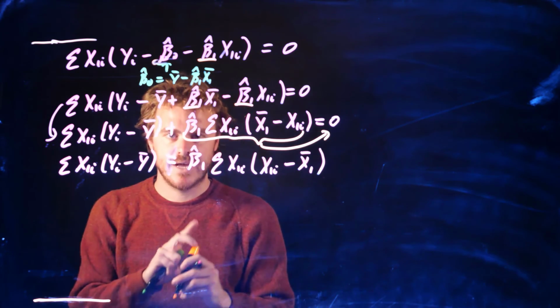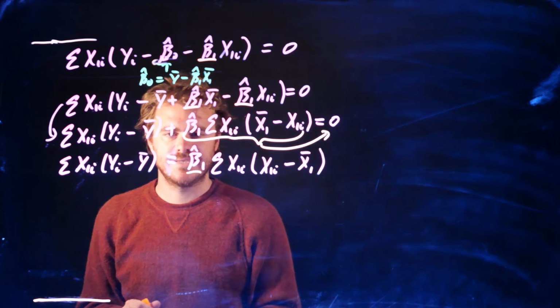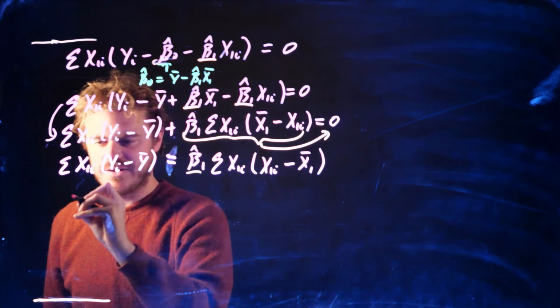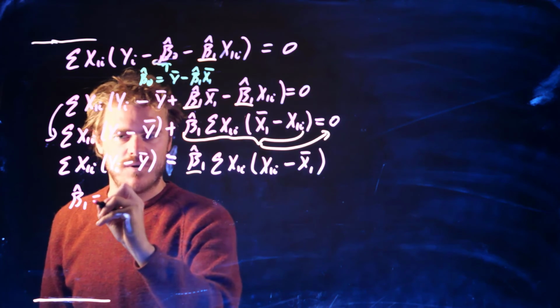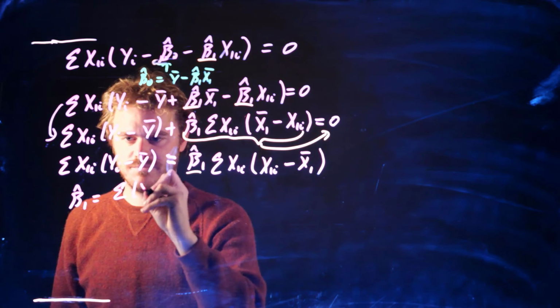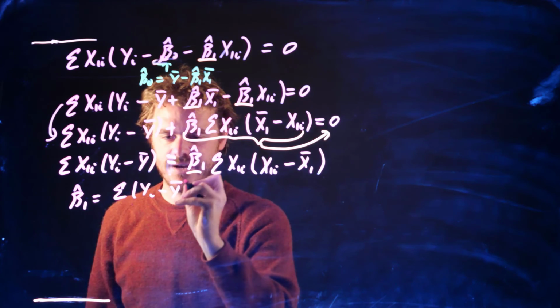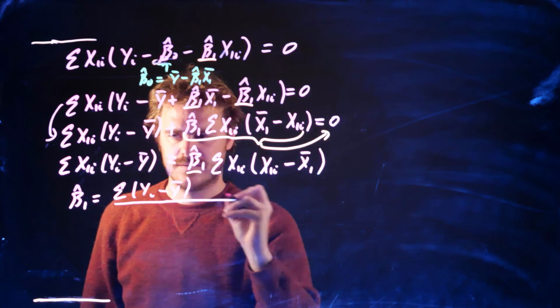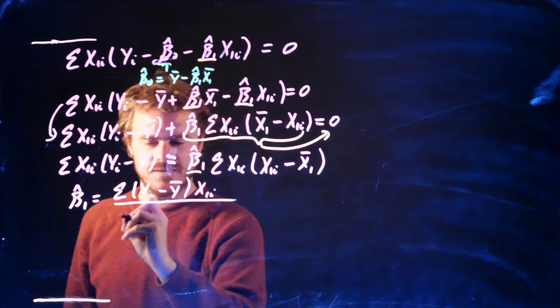And we're almost there. Now we just need to isolate for this. So I'm just going to move it to the other side. Beta hat 1 equals the sum. I'm just going to write it a little bit differently here. Forgot this.